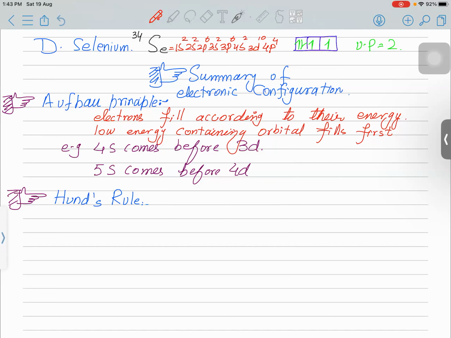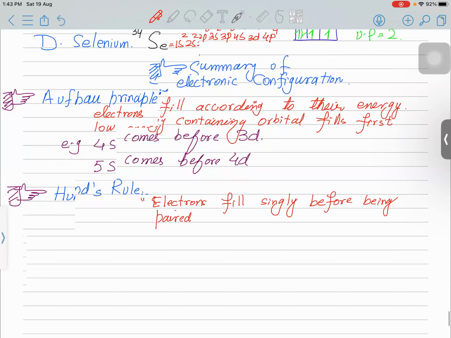Electrons fill singly before being paired. This is Hund's rule.